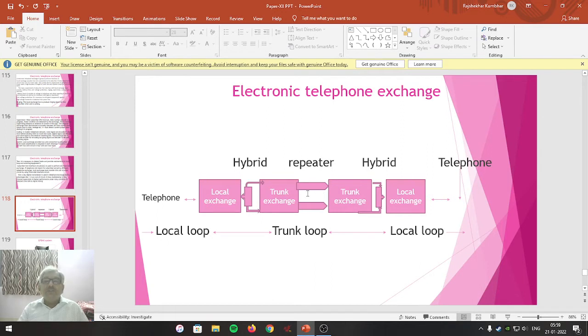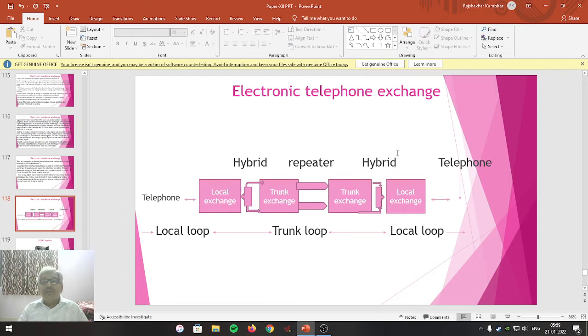The communication of the voice signal from one trunk exchange up to the other trunk exchange takes place via trunk loop. The signal which is received at the other trunk exchange will convert the four-wire network again back into the two-wire network.